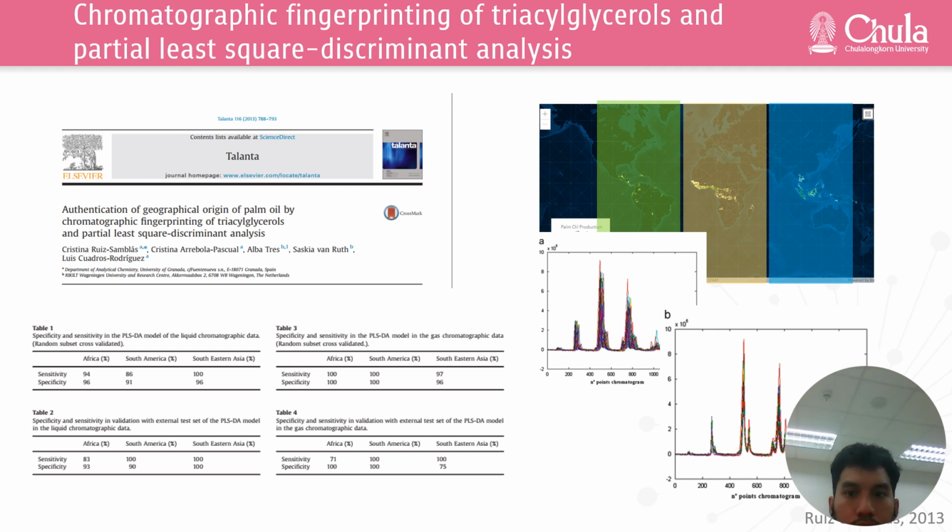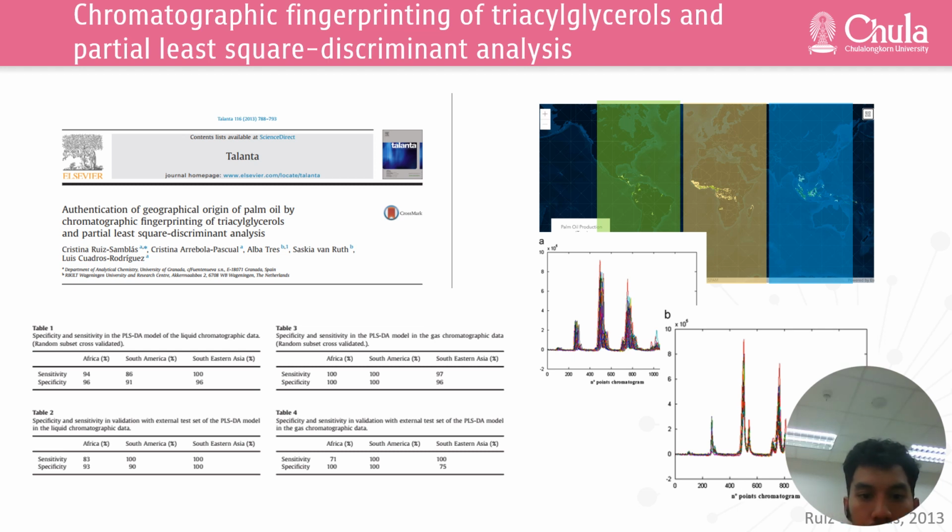They also did fingerprinting, but with different key parameters. They used triacylglycerols, or TAGs, as key parameters, but with different tools. They used chromatographic tools, and this also shows a good result.